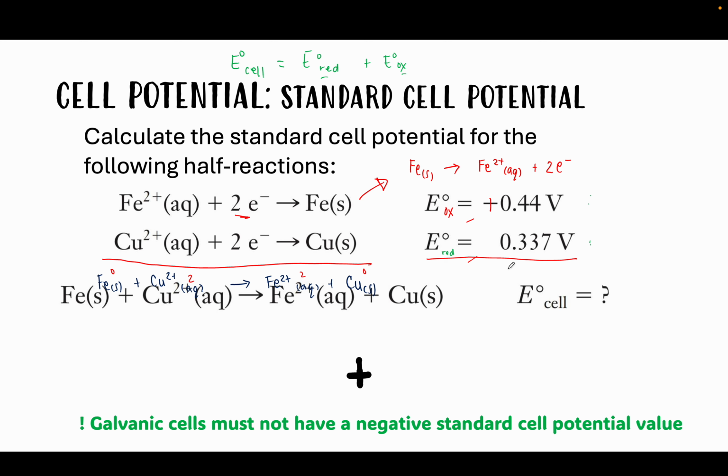This is a galvanic cell, and you have to take note that it must not have a negative standard cell potential value. That's why we had to clarify that one of them is oxidation, so we had to flip the half reaction. After adding, that gives us a standard cell potential of 0.78 volts.